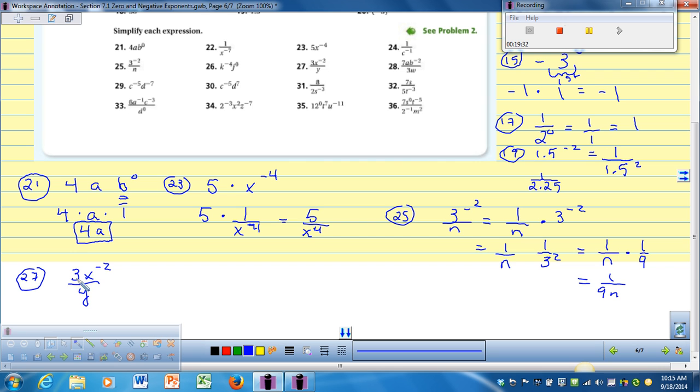For the 3 to be raised to the negative 2, we need parentheses around the whole thing. Okay, so just the x to the negative 2. The y isn't being raised, so let's leave the 3 over y out in front times 1 over x squared. And we get 3 over x squared y. Done.